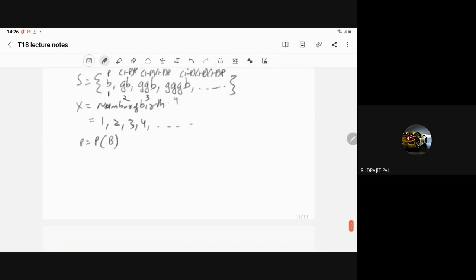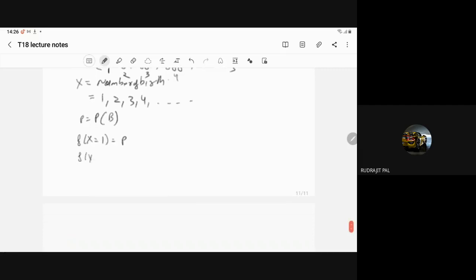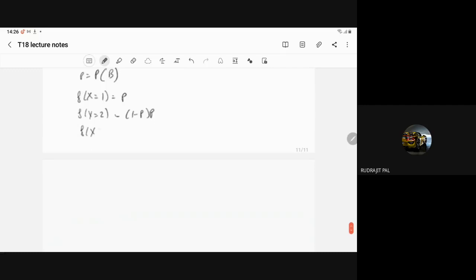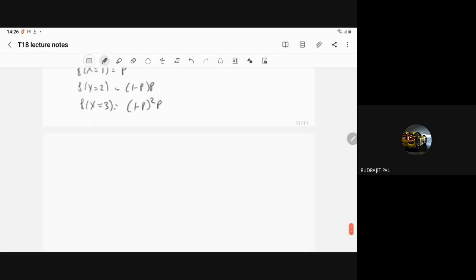It means if you want to write f for x equal to 1, it is p. F for x equal to 2 is 1 minus p into p. F for x equal to 3 is 1 minus p whole square into p. F for x equal to 4 is 1 minus p cube into p, and so on.